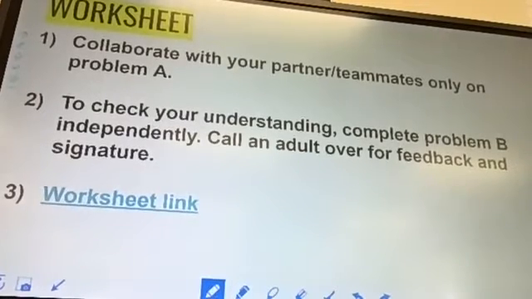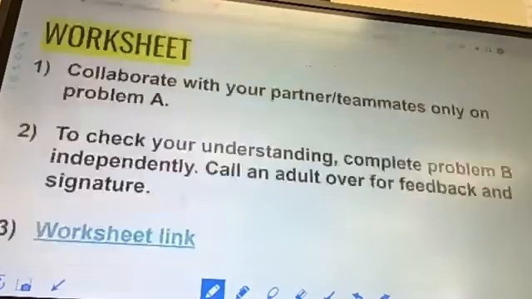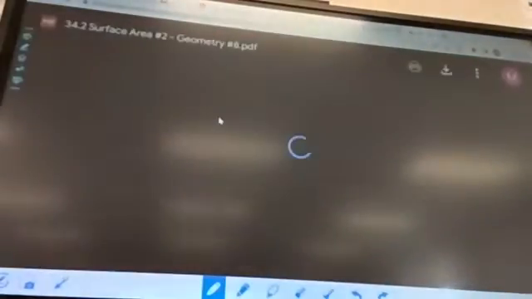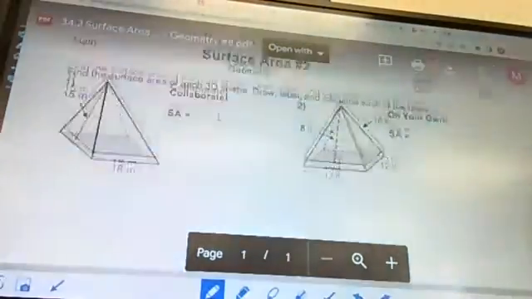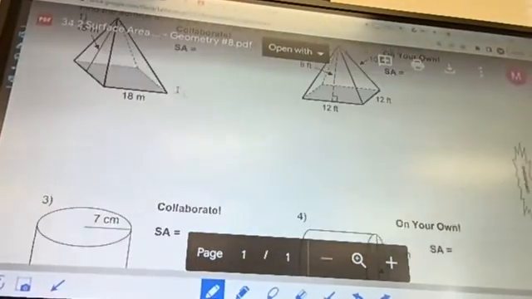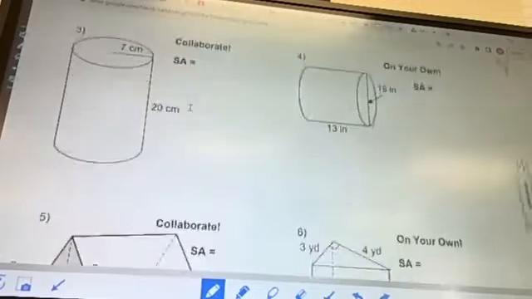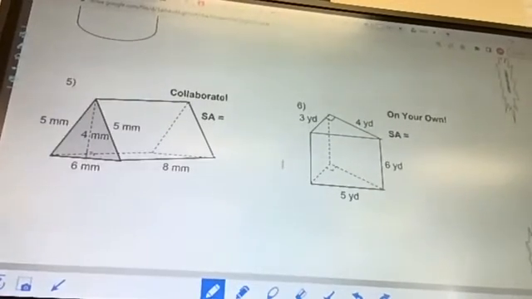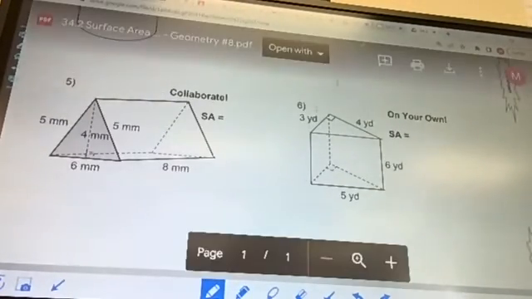Just like the previous worksheet for surface area number 1, you may collaborate with your partner or teammates for problem A. But for problem B, please do it independently to see if you truly understand the concepts. The worksheet for surface area number 2 looks very similar to number 1. But this time we're dealing with square pyramids, cylinders, and a revisiting of triangular prisms.